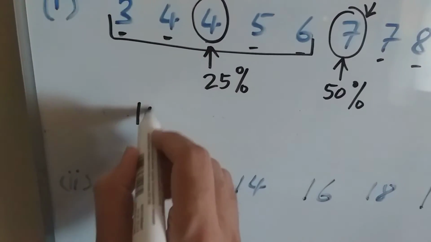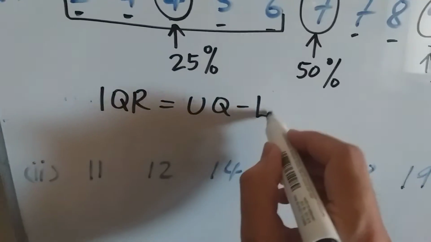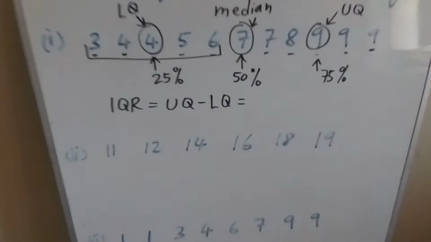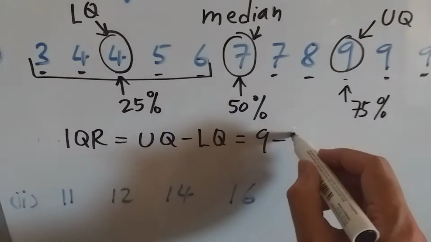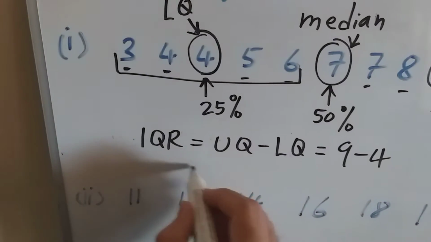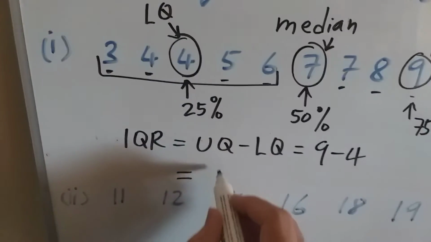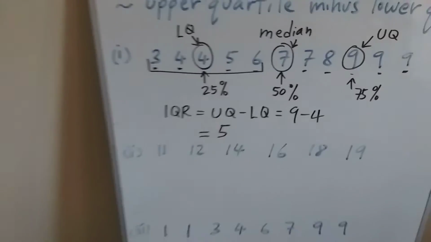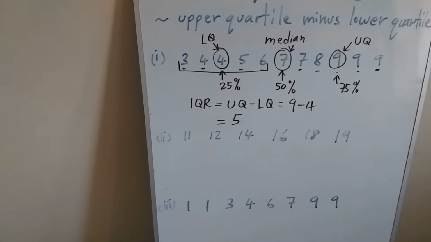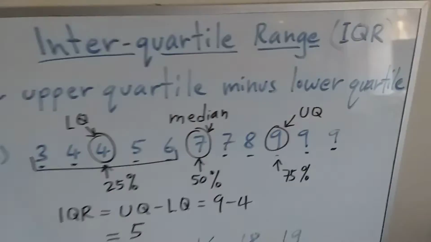So our interquartile range will be upper quartile minus the lower quartile, which in this case here is 9 take away 4. So the interquartile range is equal to 9 take away 4, which is 5. So 5 is the difference from the 25th percentile to the 75th percentile.